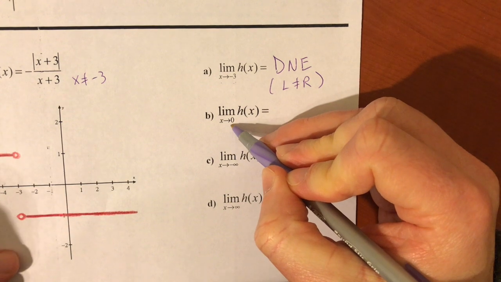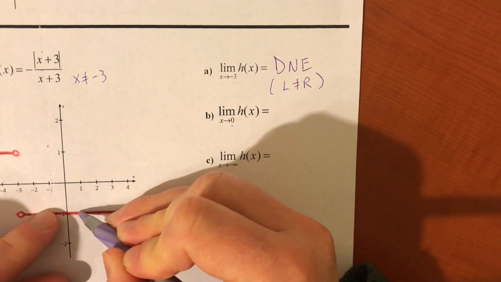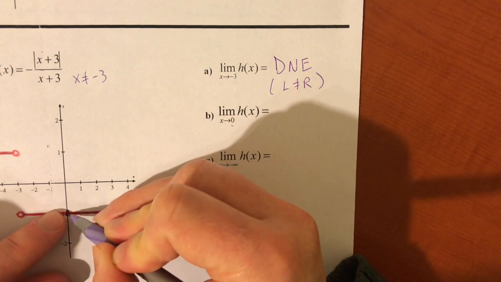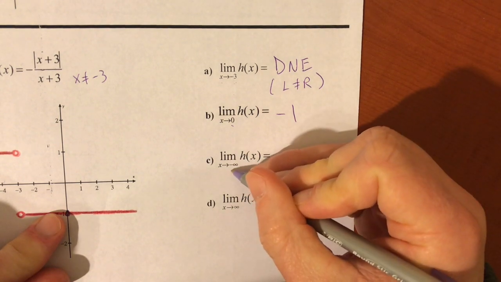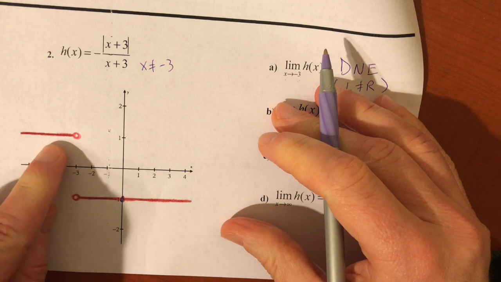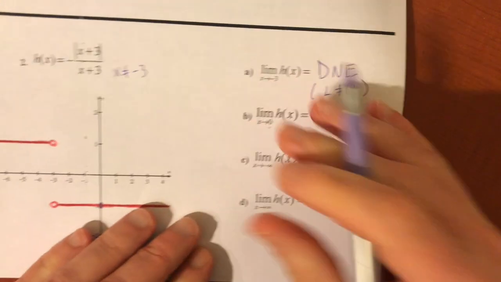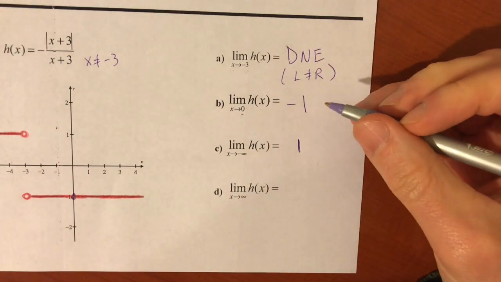The limit as x approaches 0, here's x equals 0, and as we approach 0 from the left and the right, we're just sitting here on the curve, nothing big, we get -1. As x approaches -infinity, going to the left of this function, that function is staying right at +1. So it's not just approaching 1, it is 1, but it's not changing.